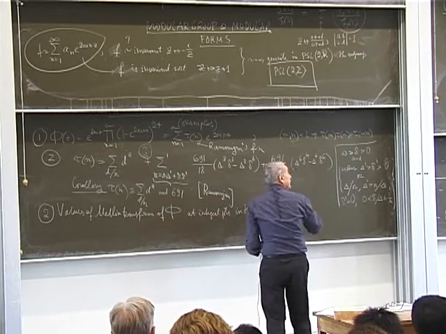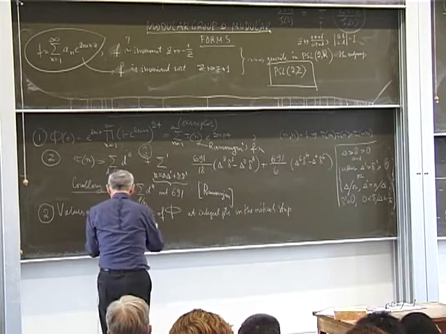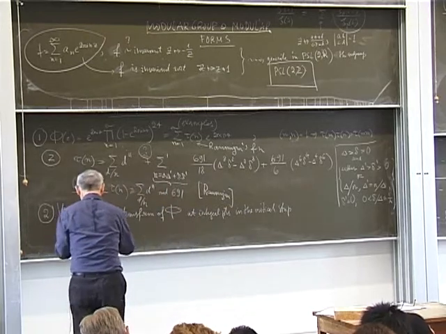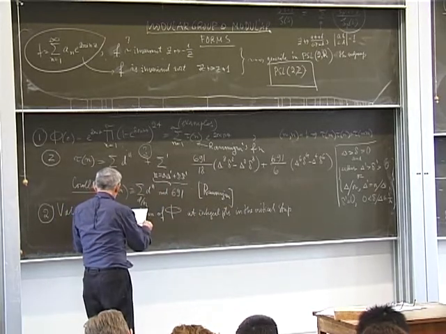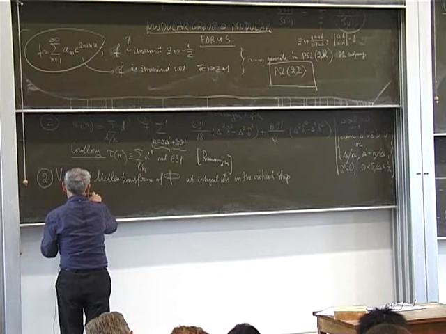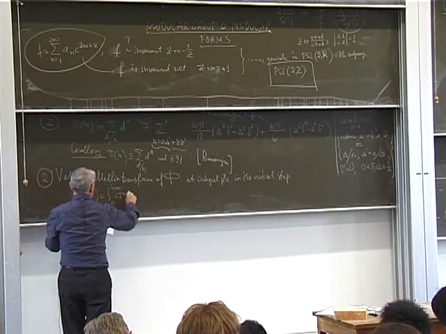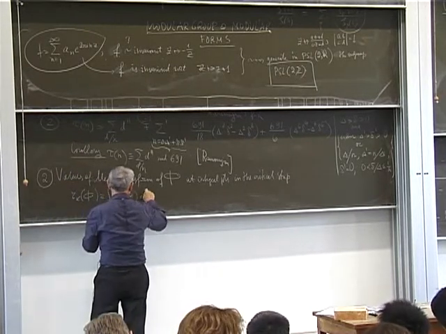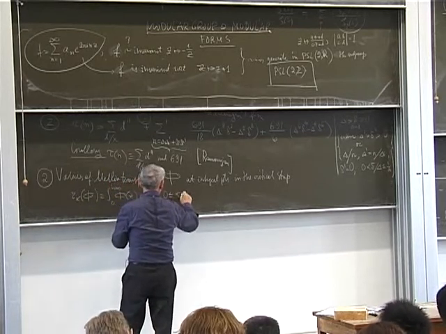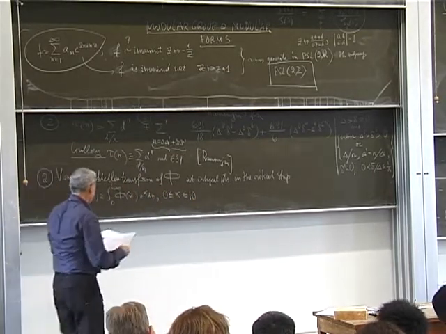I will not define everything today, but only these values written as integrals. And they are essentially integrals of this kind. And the critical strip is between 0 and 10. Not 1 as in the usual zeta function, but between 0 and 10.